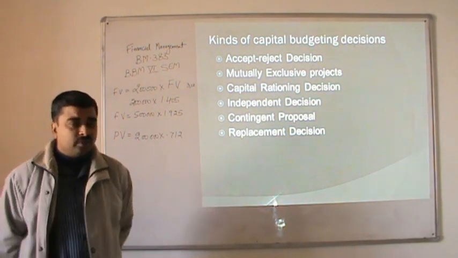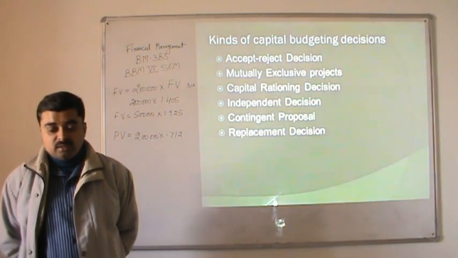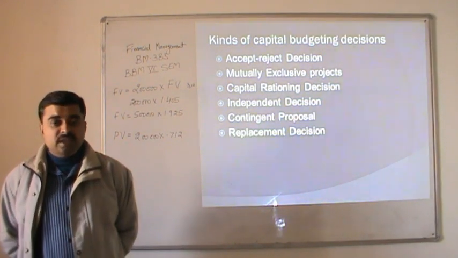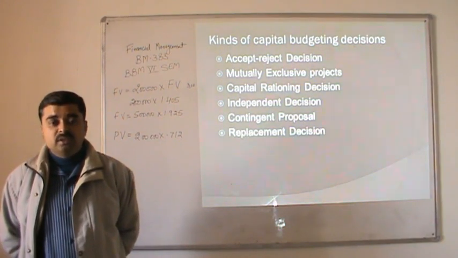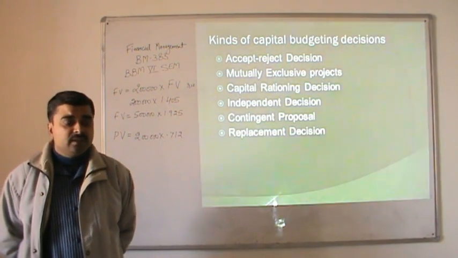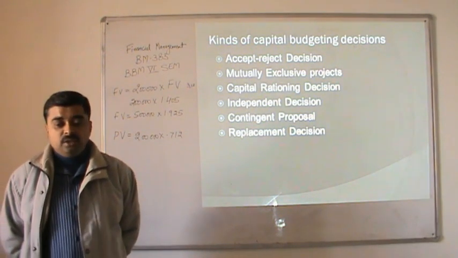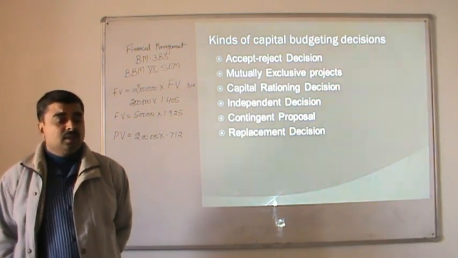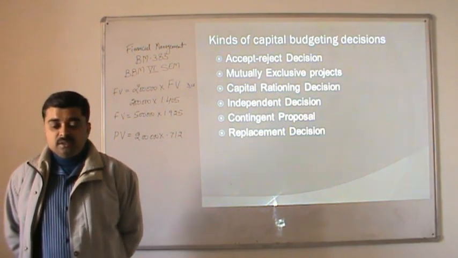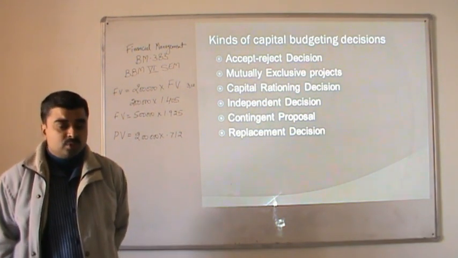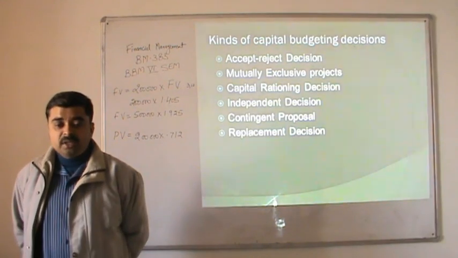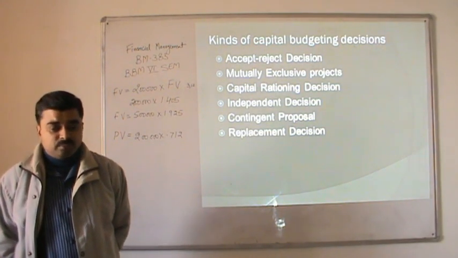Independent decision is taken when there is only one project and the decision is whether that project is to be executed or not. Contingent proposal is made when, due to any uncontrollable activity, the current project or current proposal is not able to be executed by the firm.